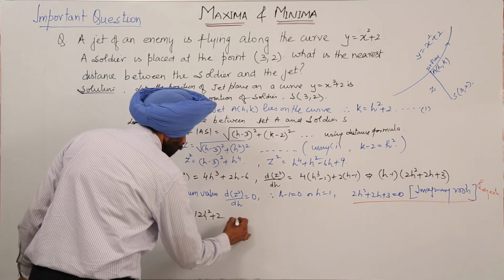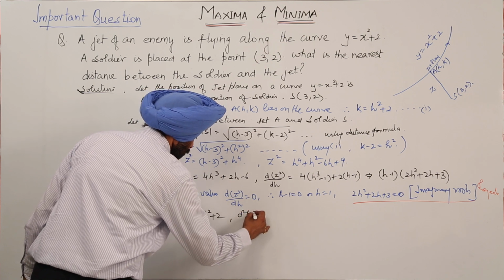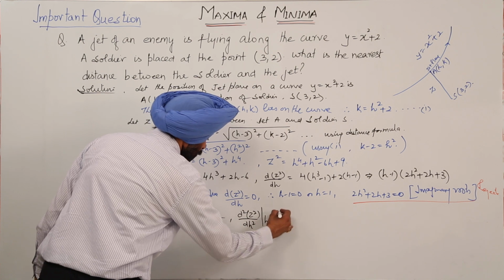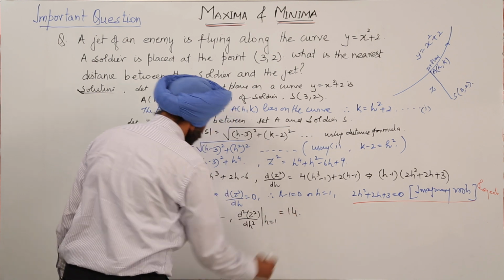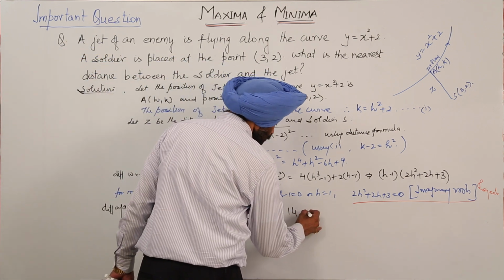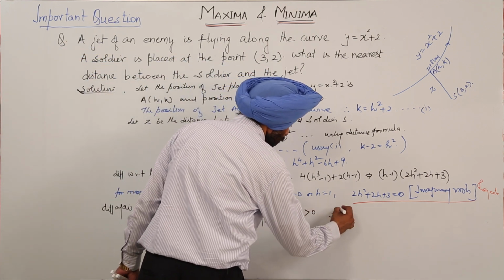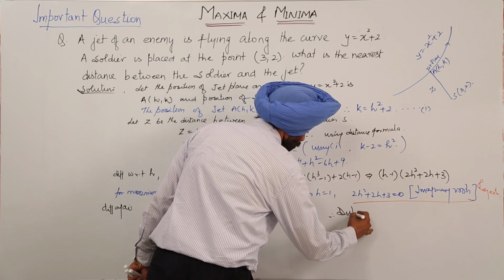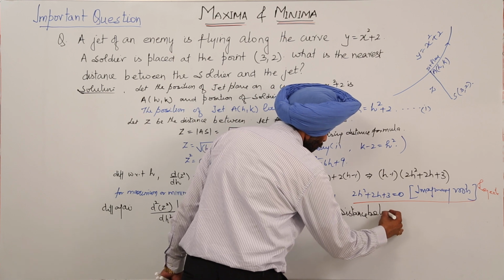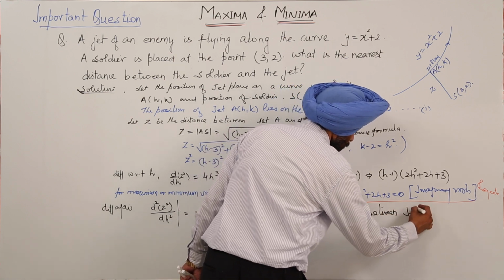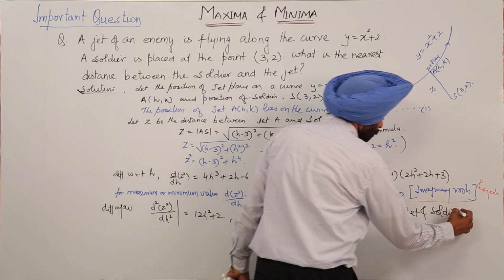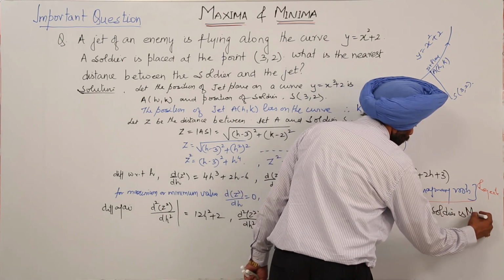And when we take the double derivative for h is equal to 1, we get the result as 14. 12 plus 2, that is 14. Now this is greater than 0, therefore the distance between jet and soldier is minimum.